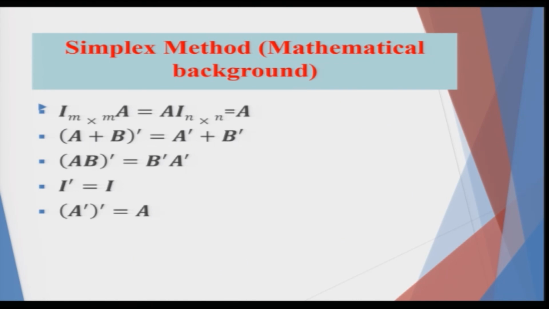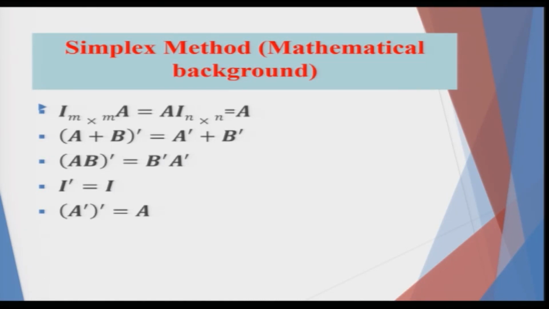If A is of size m cross m, where rows and columns are the same, then the left identity and the right identity are of the same size. Later on we will see the left inverse and right inverse. Whether you pre-multiply or post-multiply, the answer would always be the same.